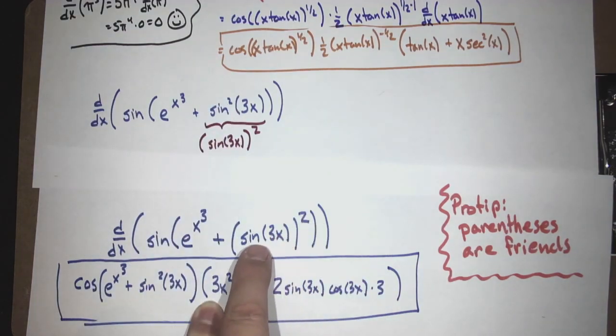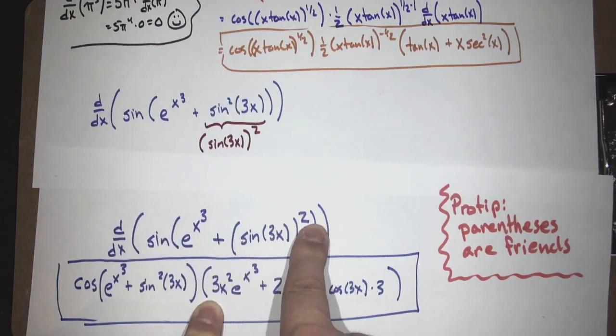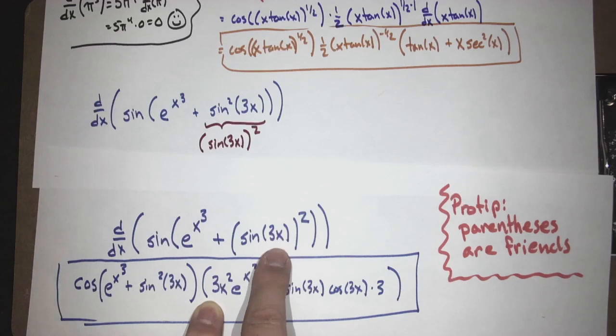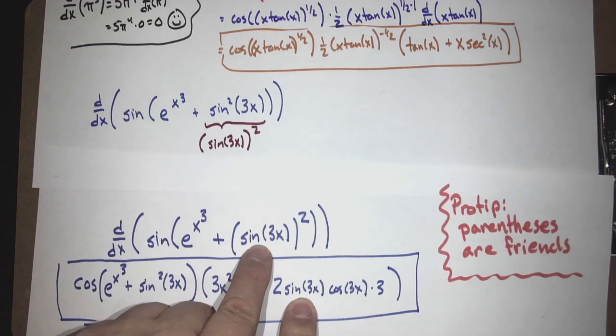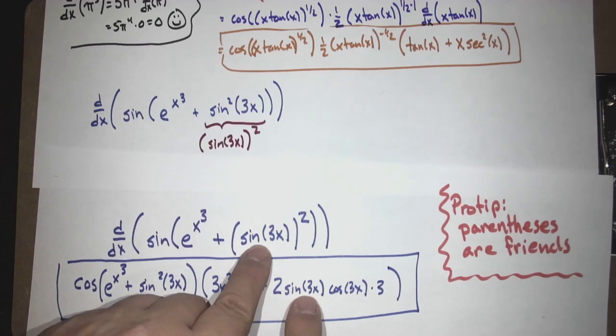It's sine inside of a square, but actually it's 3x inside of sine inside of a square. It's a triple layer. So the 2 comes down.